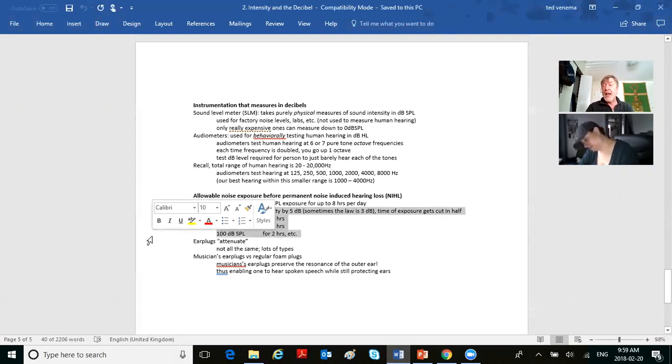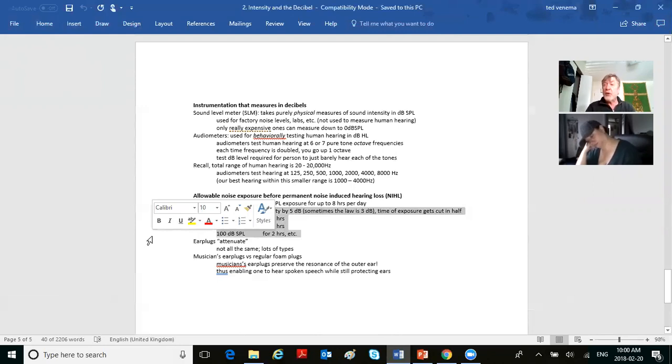You're allowed to have usually about 85 to 90 dB SPL for 8 hours a day. Note the two things. One is the cutoff, and the other one is the time of exposure. So most states and most provinces in Canada, the cutoff is 85 dB SPL for 8 hours a day.